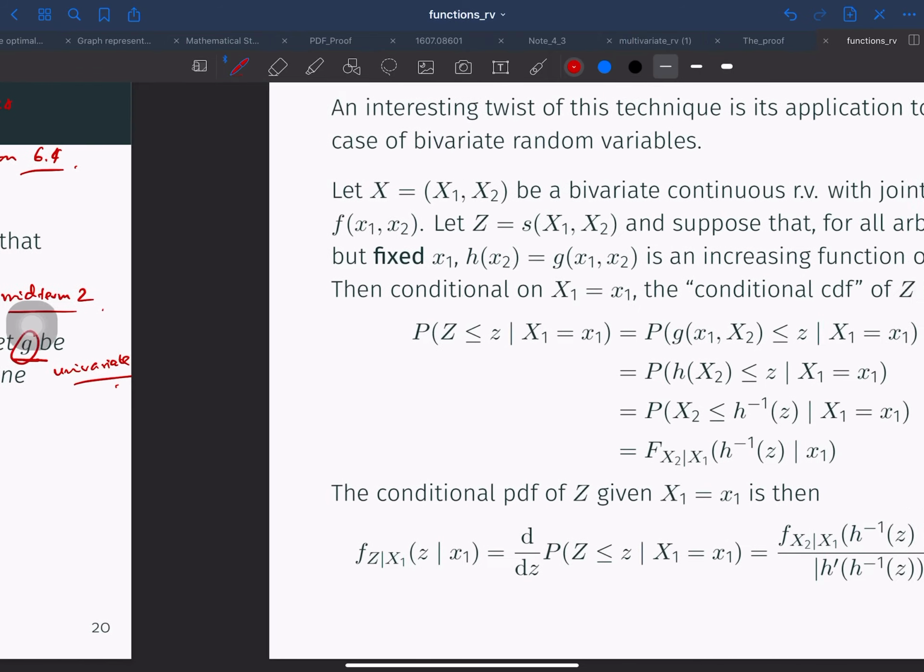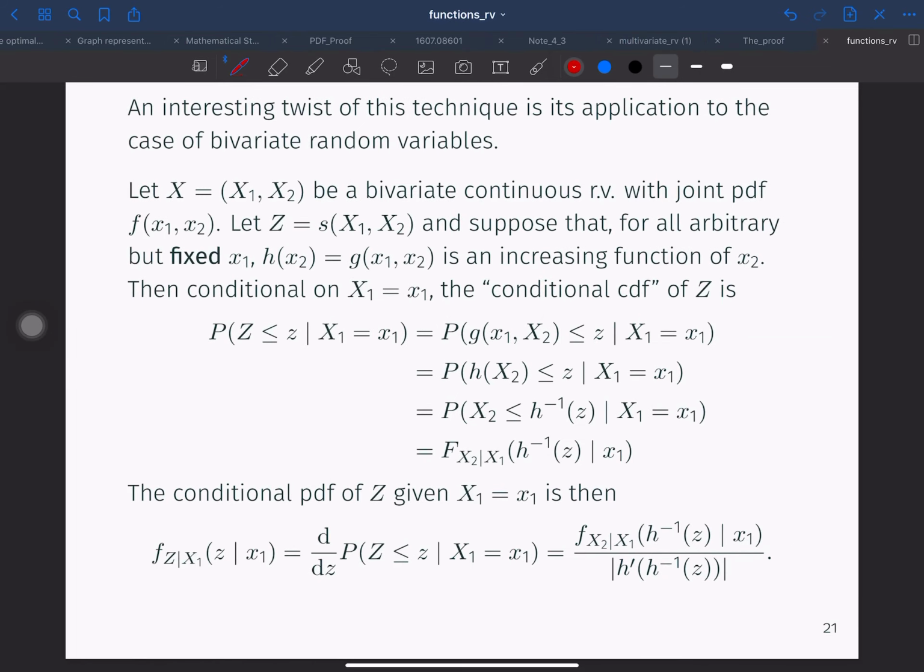But let us twist this around. An interesting twist: you can apply this to the case of a bivariate random variable by introducing what is known as an auxiliary variable. But let's see how the application goes.